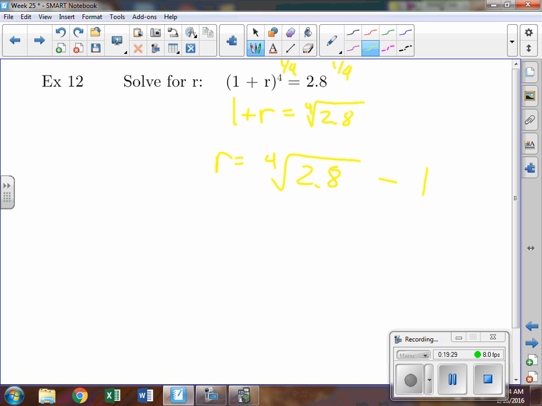Make sure you pay attention to the location of the variable. If the variable is inside the base, you're working with exponential functions, and you don't need logarithms. If the variable is in the exponent, that's when you need logarithms.